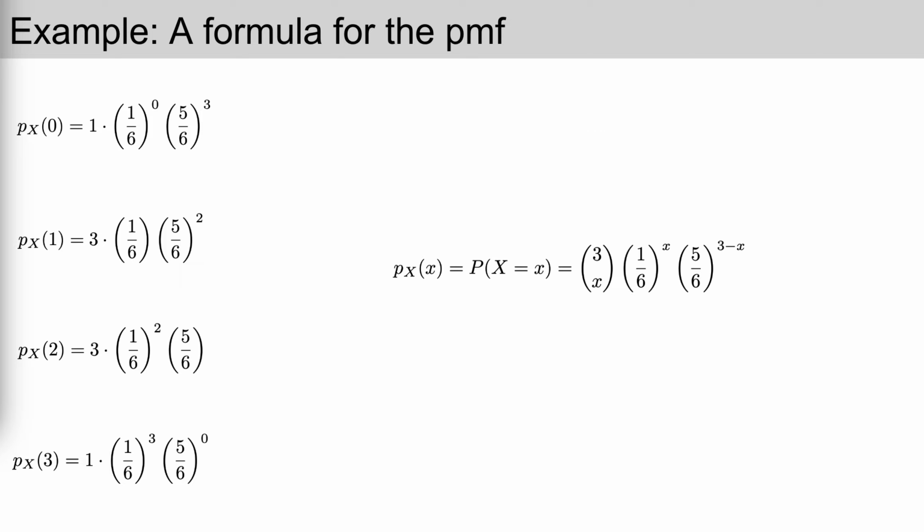Notice then that there's a bigger pattern. We can write the formula for the PMF at any x as 3 choose x times 1/6 to the x times 5/6 to the 3 minus x. First, 3 choose x calculates the number of ways to arrange x 6s among our 3 dice rolls.